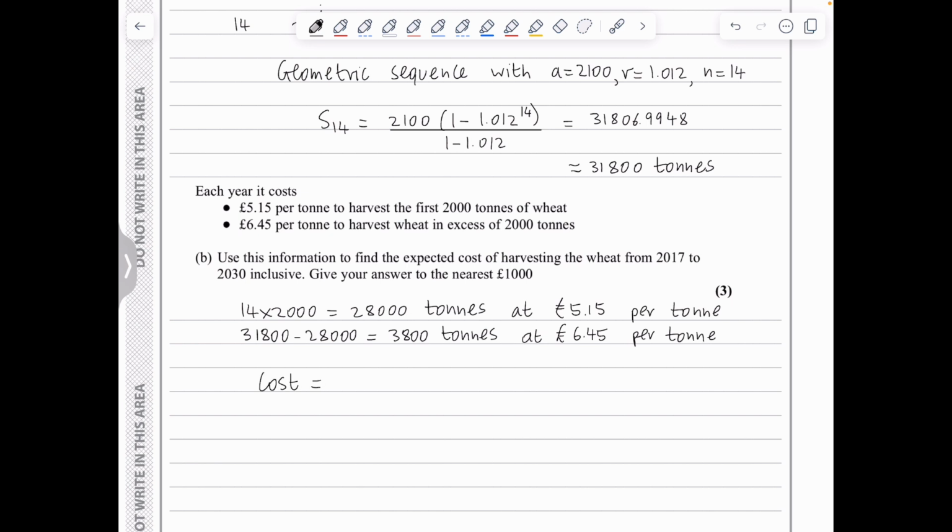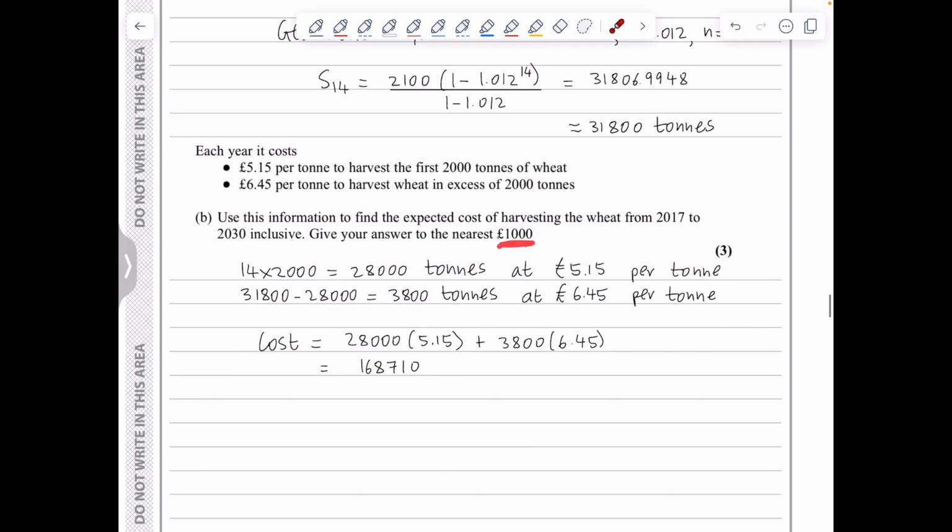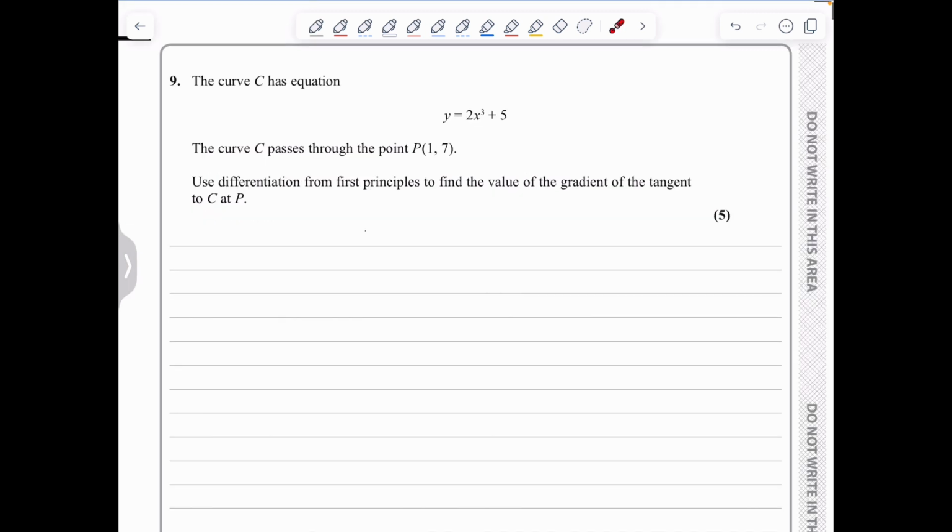So that's going to be given by 28,000 times 5.15 plus 3,800 times 6.45. Plug everything on the calculator to get 168,710. We've been asked to give our answer to the nearest 1,000 pounds. So this is giving me 169,000 pounds.